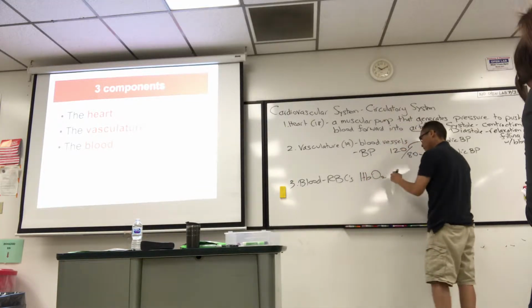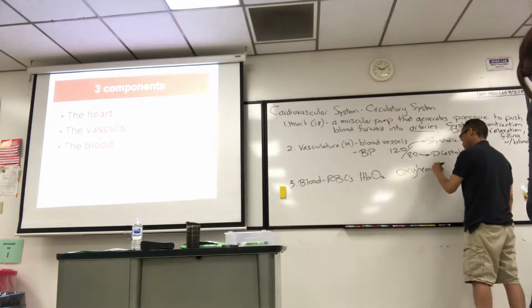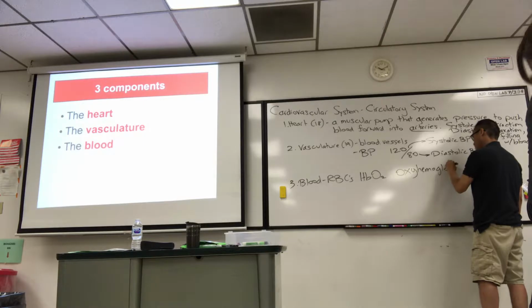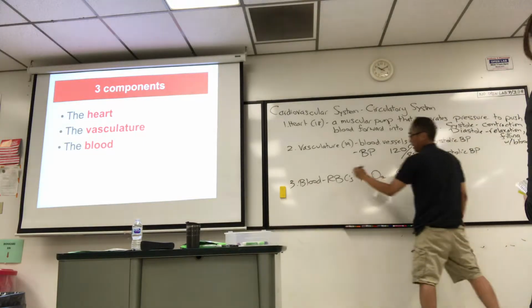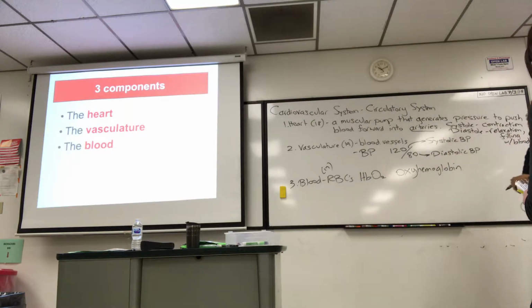I usually abbreviate that HbO2 for oxyhemoglobin. I think it's chapter 17, and it's its own test. So each of these is its own test. We're just doing the heart, but it's good to mention all three things together to introduce the system.